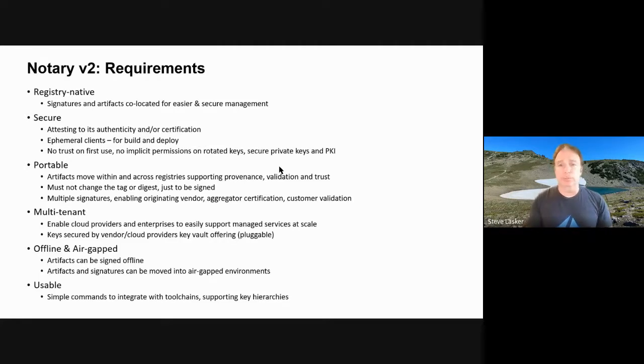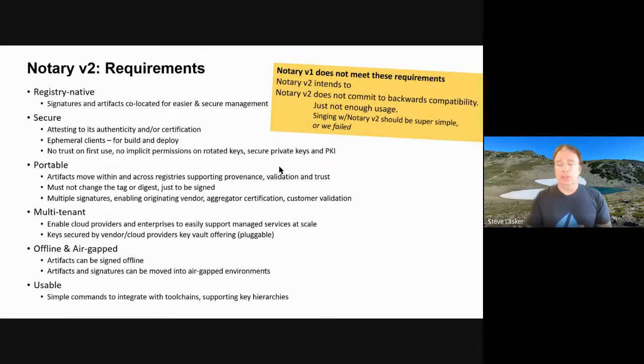That's always very important. So as I mentioned, Notary V1 was a good attempt. It started, it gave us a lot of information to work with, but it didn't meet these requirements. And we have aspirations that we will. The other thing that I get asked a lot is compatibility with Notary V1. We actually don't see a lot of usage of Notary V1.